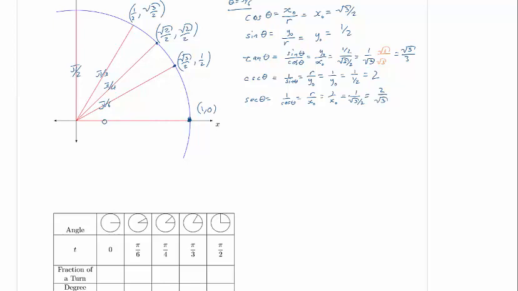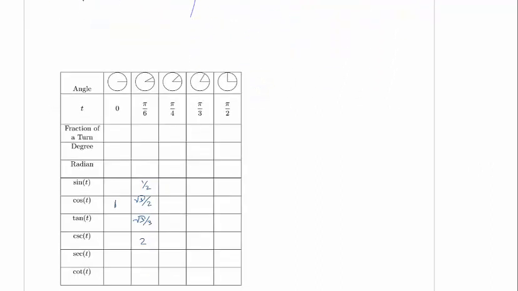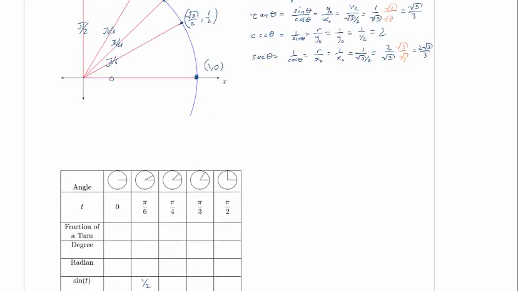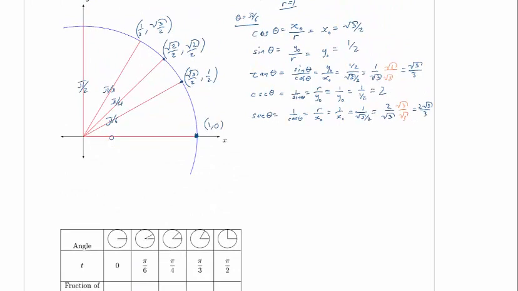Of course, we have a square root in the bottom. We've got to get that out. So we have root 3 over root 3, and this becomes 2 root 3 over 3, and that's our secant theta for pi over 6. So secant of pi over 6 is 2 root 3 divided by 3.